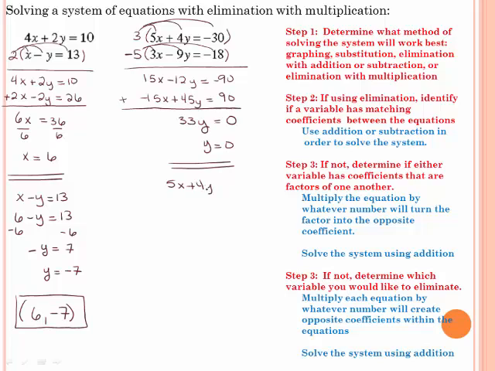Doesn't matter which, so I'm just going to pick the top one. So I have 5x plus 4 times 0 is equal to negative 30. That tells me that 5x is equal to negative 30. I divide both sides by 5, and I get that x is equal to negative 6. So my solution is negative 6, 0.